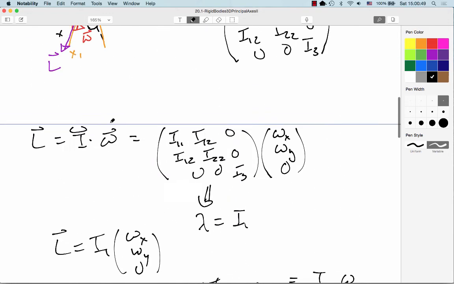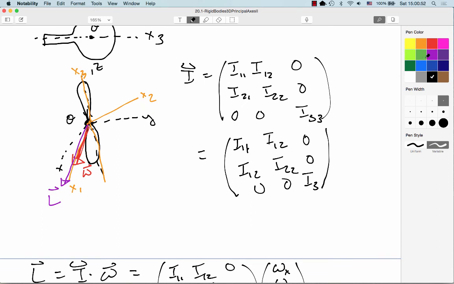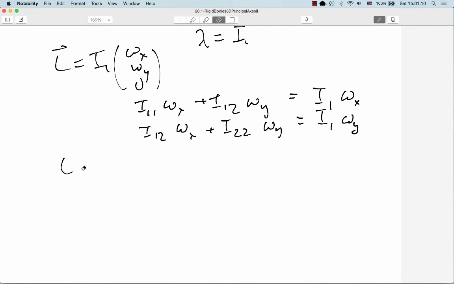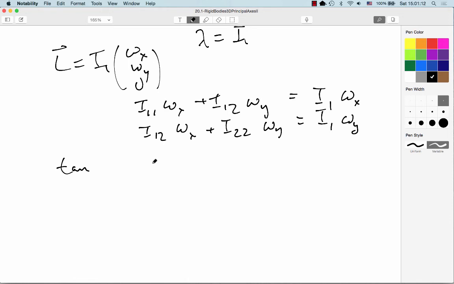Now, the one thing we do know is this angle that we're pitched off of the x-axis. Let's call that angle there theta. We know that the tangent of theta has to be equal to omega y over omega x. So what I'm going to do is take this system of equations here and divide it through by my omega x.